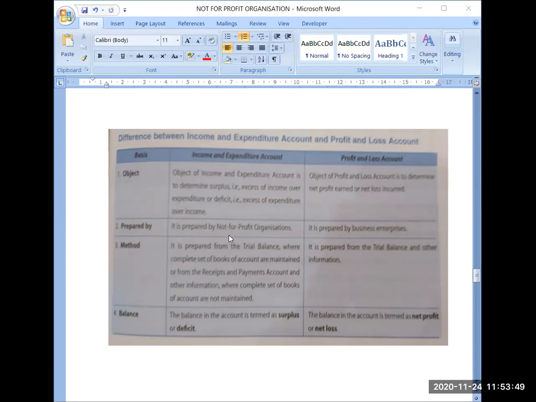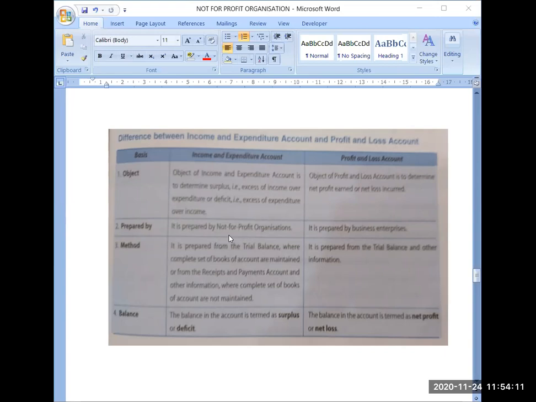In the same manner, it is recording also capital expenditure as well as revenue expenditure. So all the expenditures and all the receipts are recorded in receipt and payment account. So we get almost all information for our purpose from the receipt and payment account also. But profit and loss account is always prepared with the help of trial balance only.